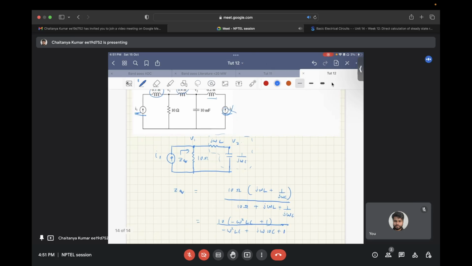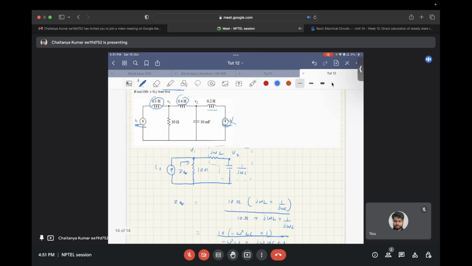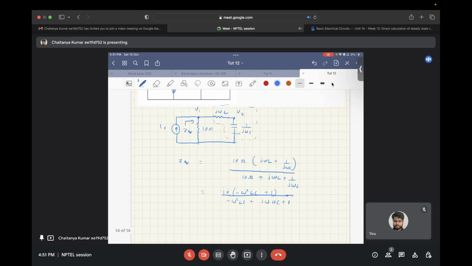So again, the sanity check. For omega equal to 0, this will be an open circuit and all the current will flow inside the resistor. So the equivalent impedance you should see is the 10 ohm resistor, and in the expression that you have derived, if you put omega as 0, the numerator and denominator only contain 1. So this is correct.